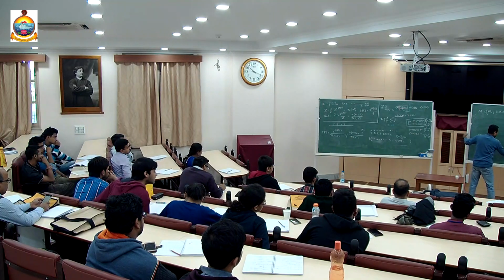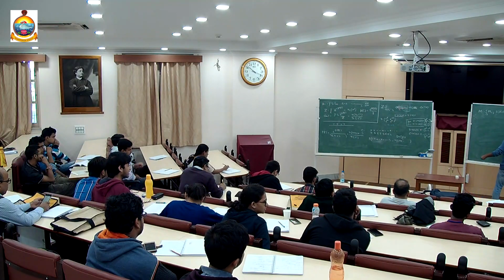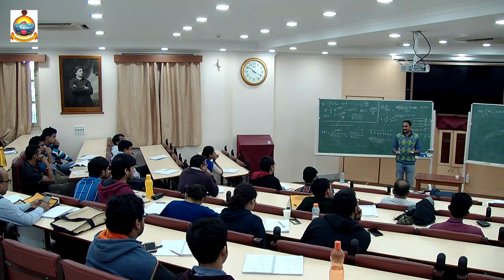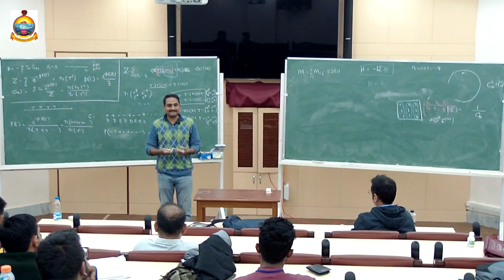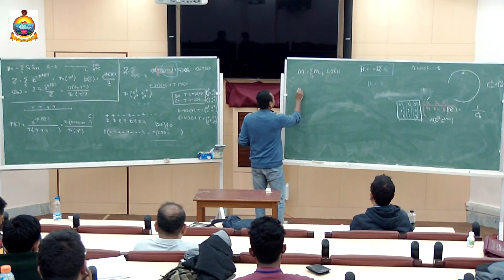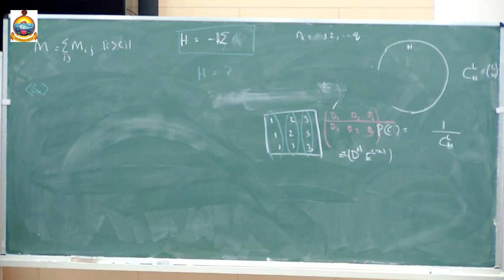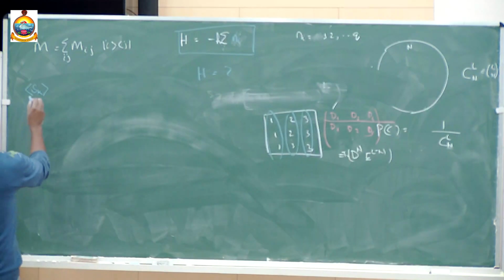Now let us say that you want to calculate what is SK, the expectation value. In this representation I want to calculate the SK expectation value. So what will that be? SK means the kth spin, which can be plus or minus. Let us say SK equal to plus.